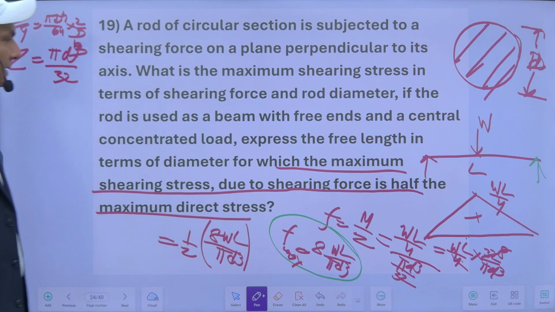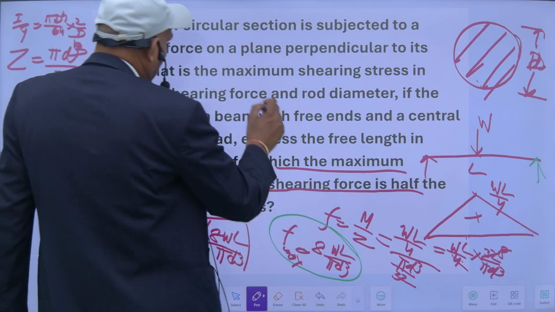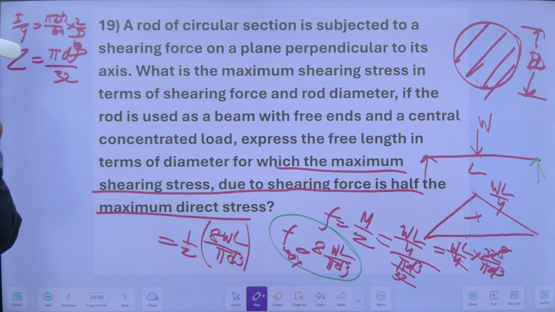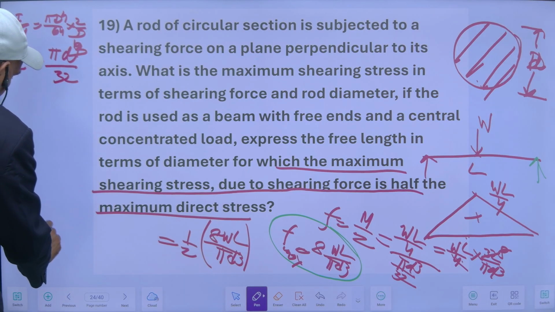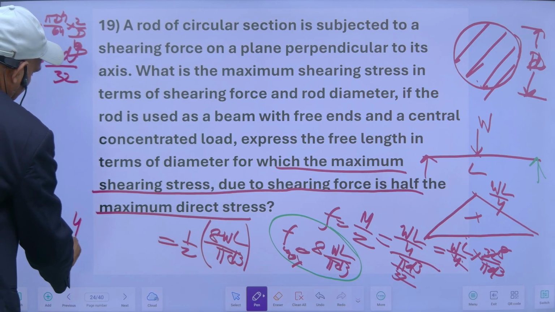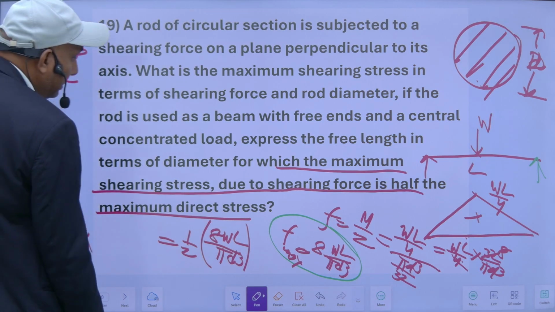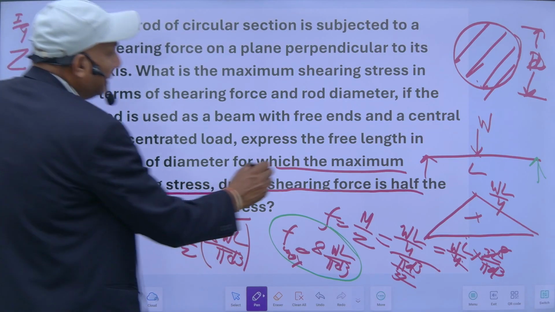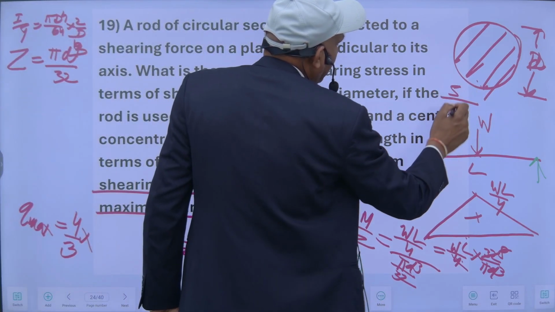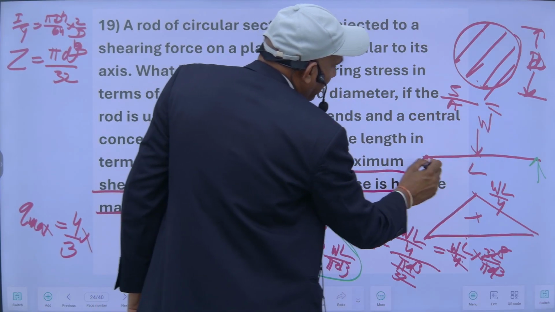And what is q max? For a circular section, q max is equal to 1.33 times, or 4 by 3, of q average. And what is q average? q average will be the shear force divided by the cross section area. What is the shear force? The shear force will be W by 2 here.